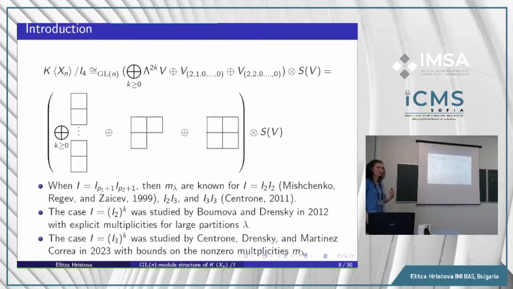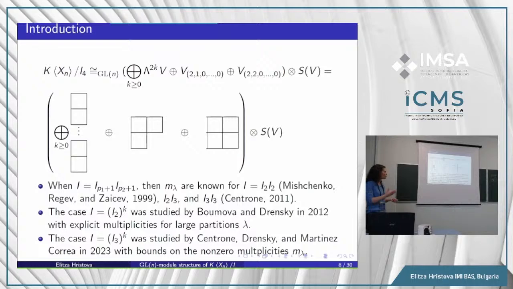Now, if we take products, there are also some known results. If we take a product of two such ideals, the results are known in the cases when the product is of two copies of the ideals generated by double commutators. Two cases are known, and they are done by Centrone, and the first one by Mishchenko, Regev, and Zaitsev.